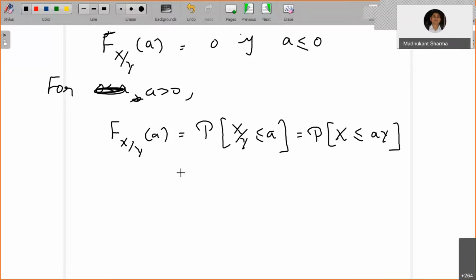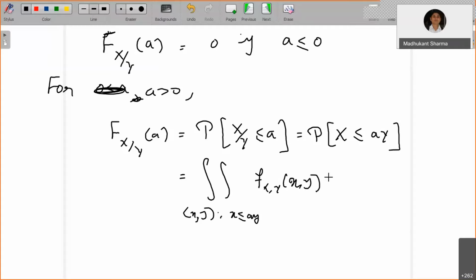We have already dealt with this type of problem, where we did X less than Y. Similarly, we go with the double integral over the region where X is less than or equal to aY of f of X comma Y, dx dy.